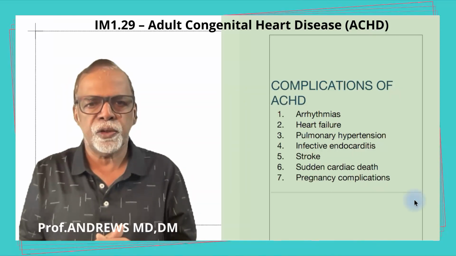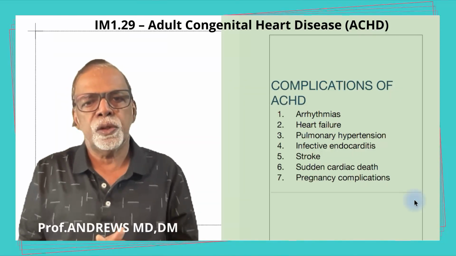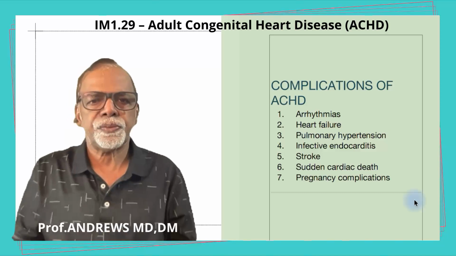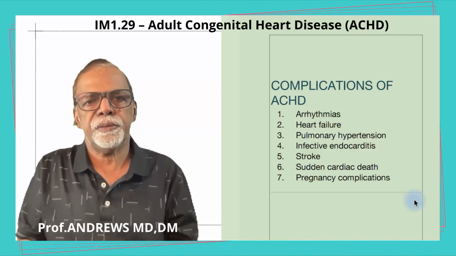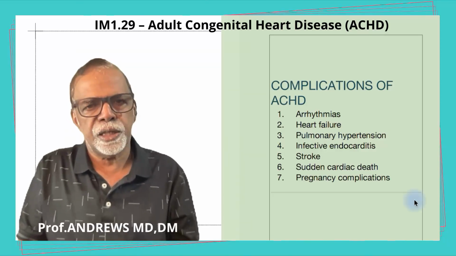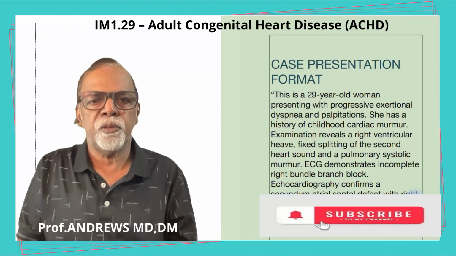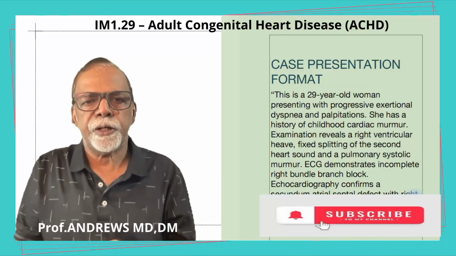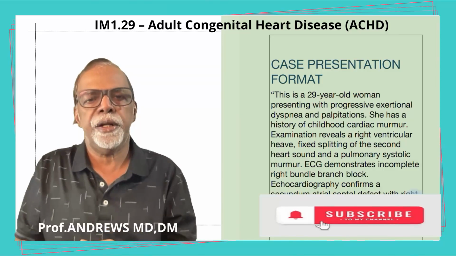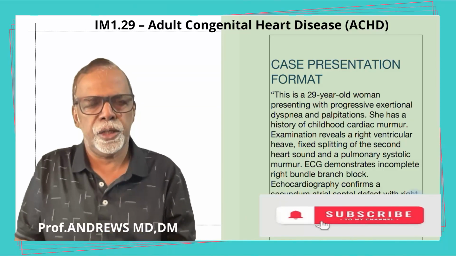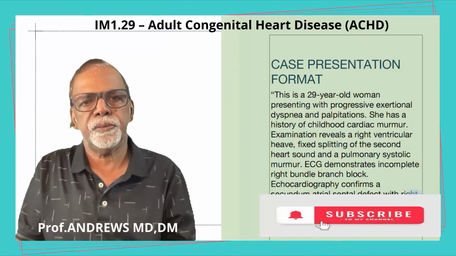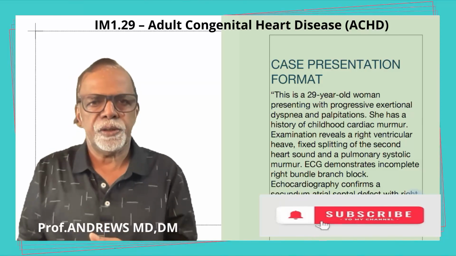You may give pulmonary vasodilators, oxygen, and specialized care. Complications of adult congenital heart disease: arrhythmias, heart failure, pulmonary hypertension, infective endocarditis, stroke, sudden death, and complications during pregnancy.